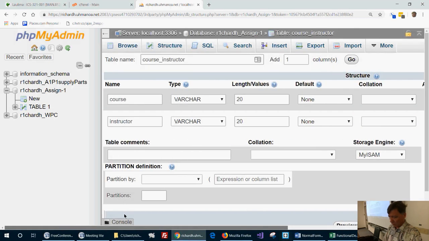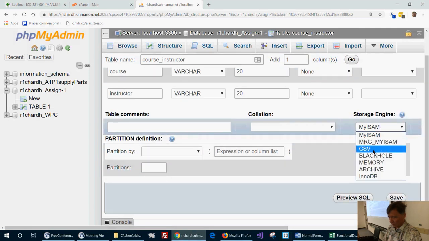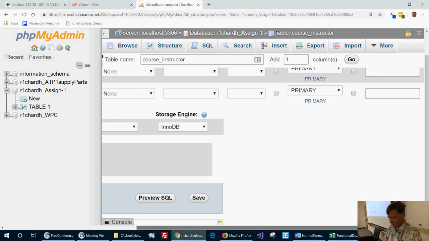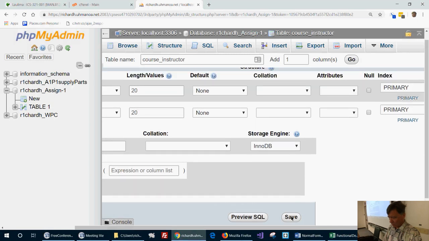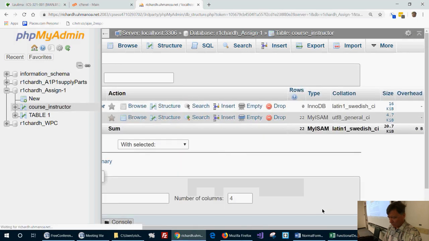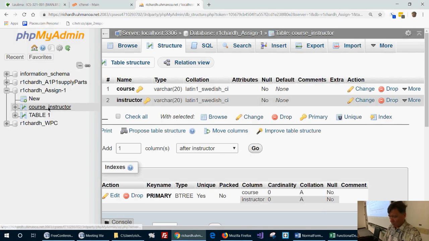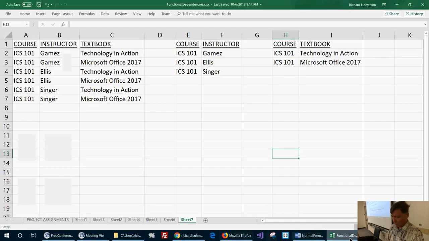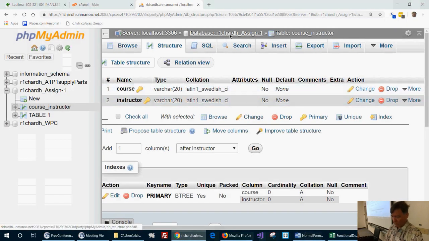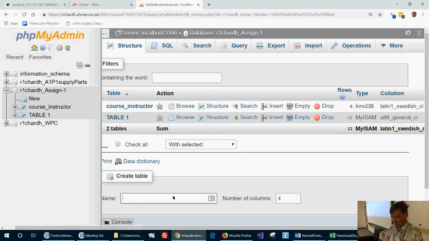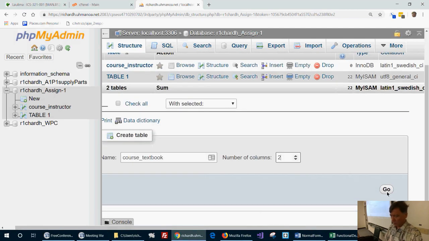It's going to be InnoDB, and I'm going to run it. All right, that's course instructor, and then I'm also going to make course textbook. So I'm going to create another new table, course textbook, and that's also going to have 2 columns.